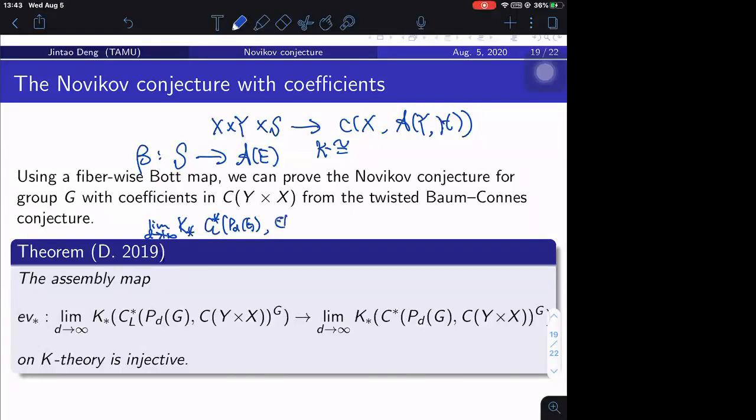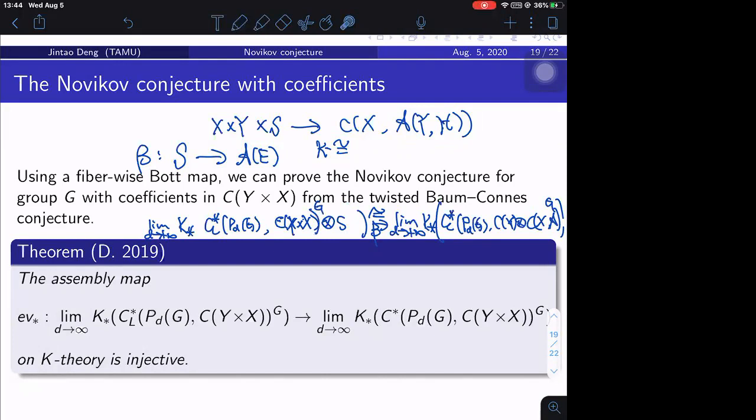So here this is C X C Y times X. So the suspension of this is actually isomorphic to this, by the Fourier-Bott map.